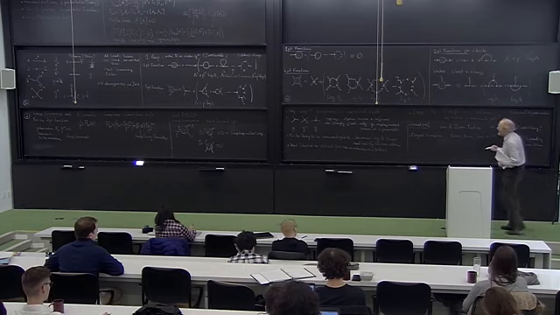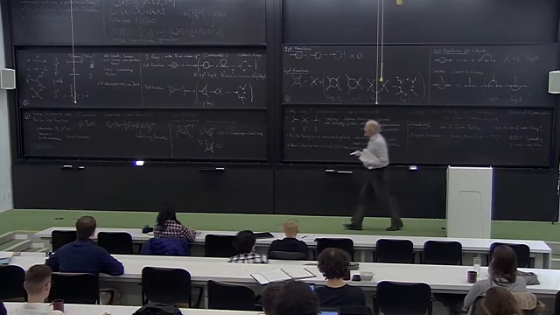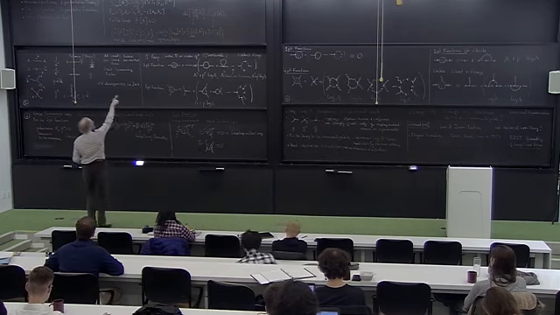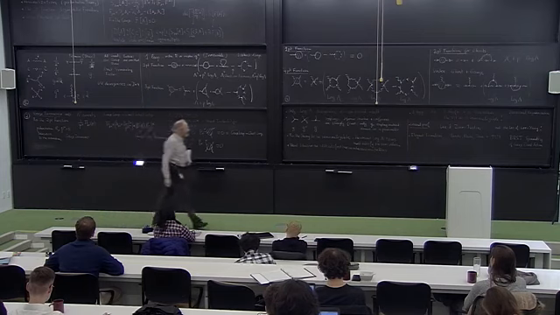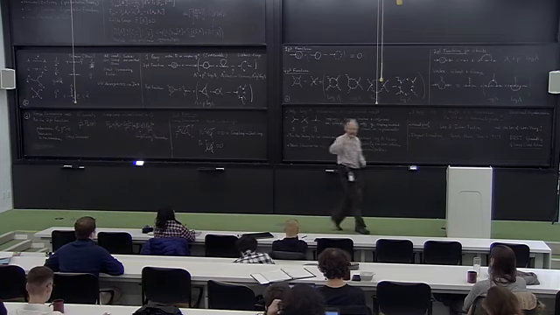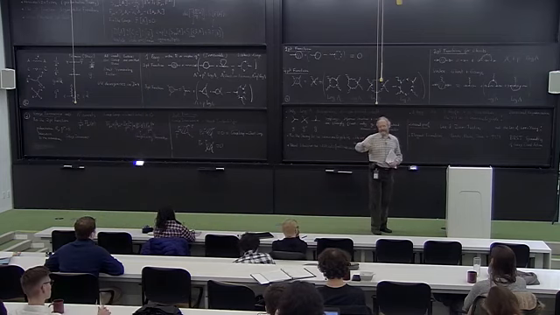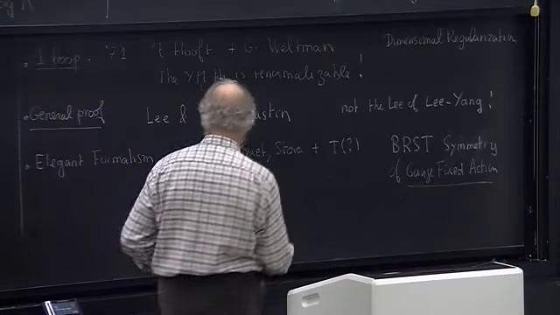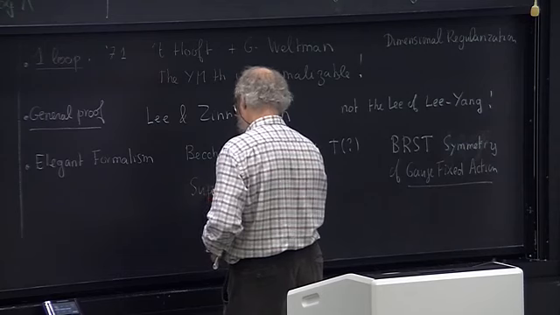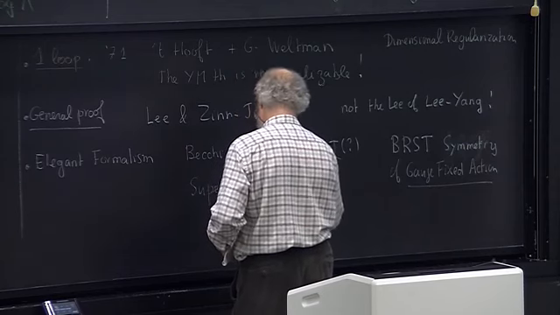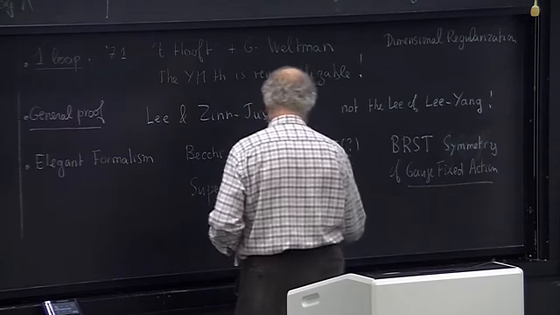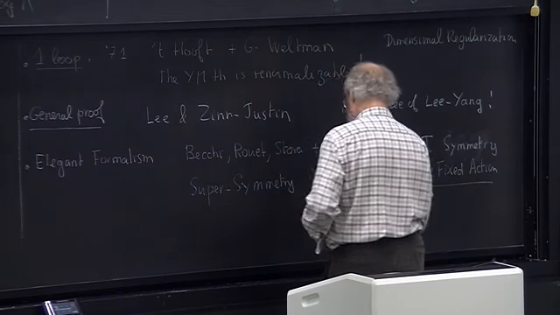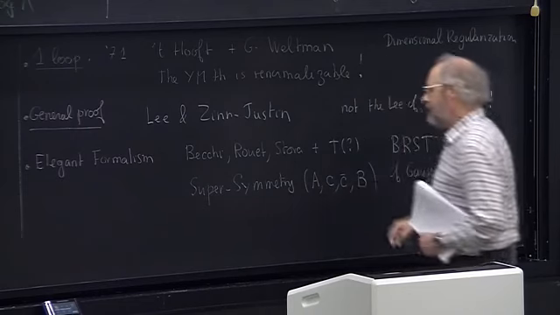This theory has a hidden symmetry, which is not obvious in what I wrote here, a symmetry whose generator mixes ghost and gauge field. So it's a supersymmetry, that mixes the A, the C bar, and the Lagrange multiplier.